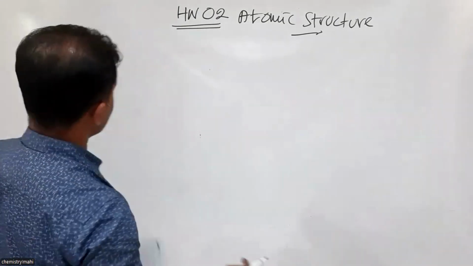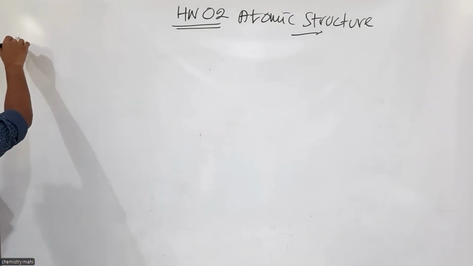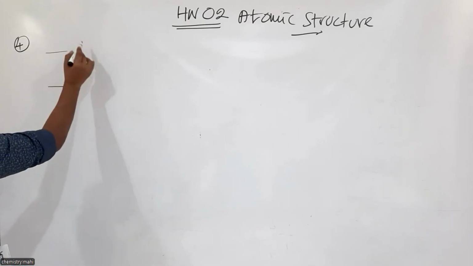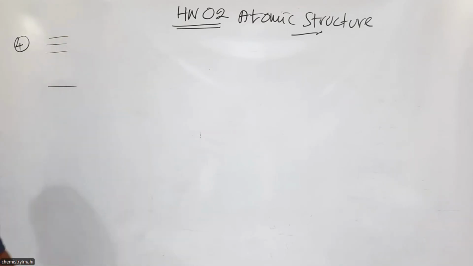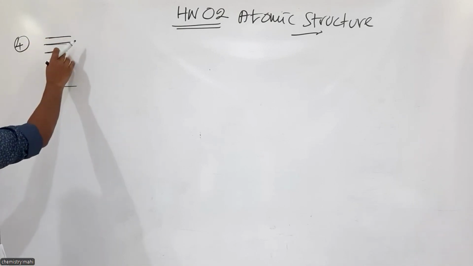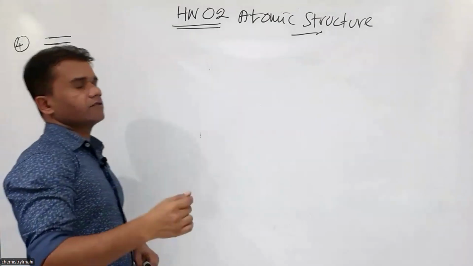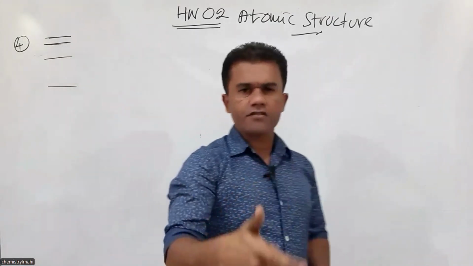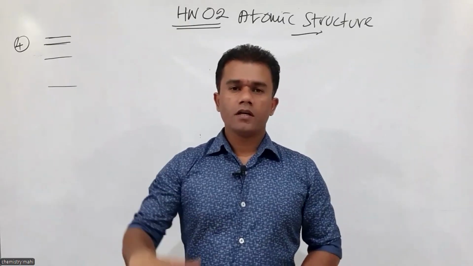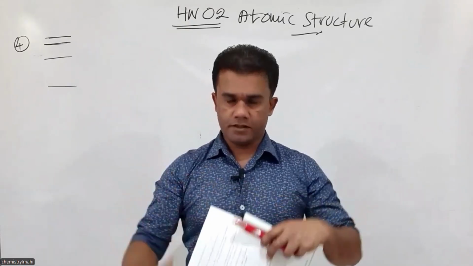I'm not going to explain the mechanism of the flame test, but in that case also electron transitions occur. A certain element has several energy levels like this. During the flame test, we heat the sample using the flame, so energy is supplied and the electrons in the low energy level absorb energy.